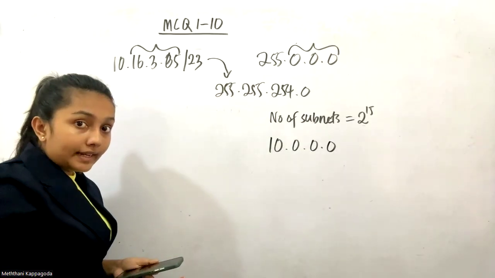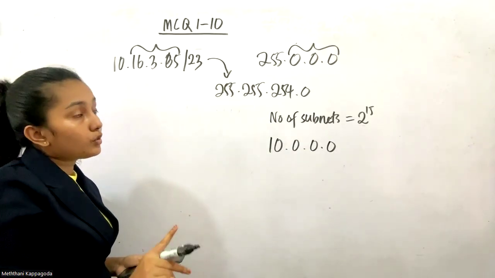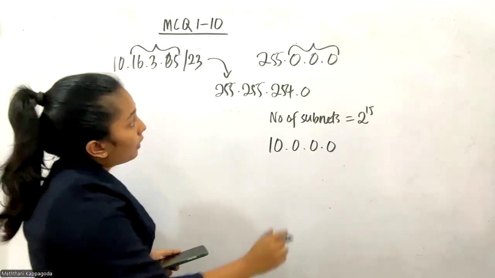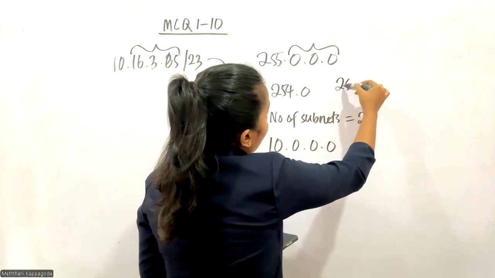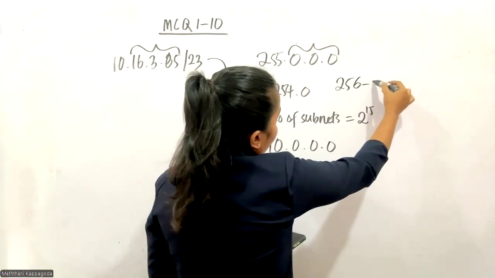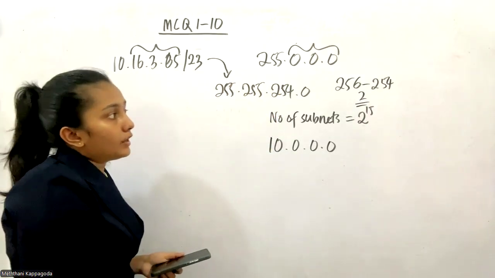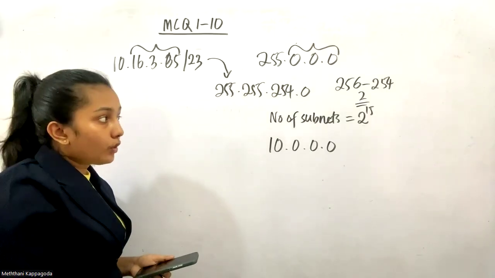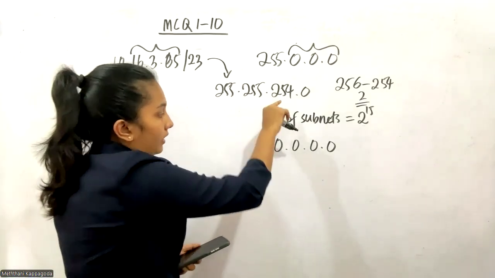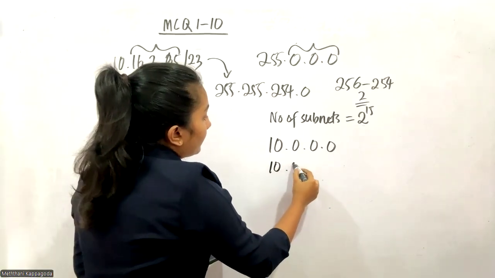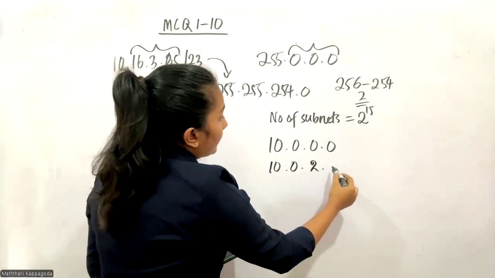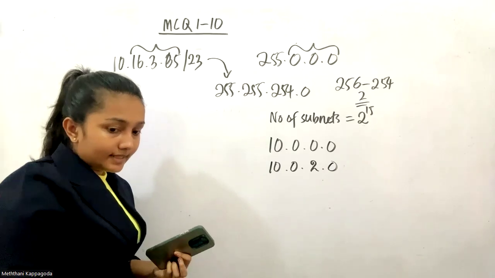Then you should find the block size to find the other subnets. Here the block size is 256 minus 254, and the answer is 2. So your block size is 2. Then you have to add 2 to the third octet. It means 10.0.2.0.